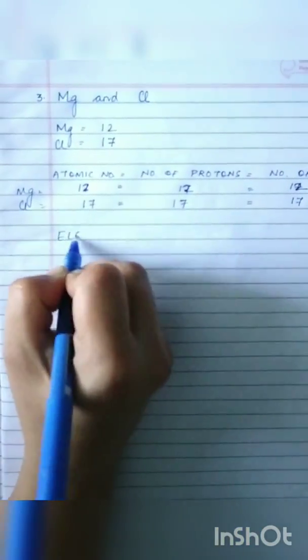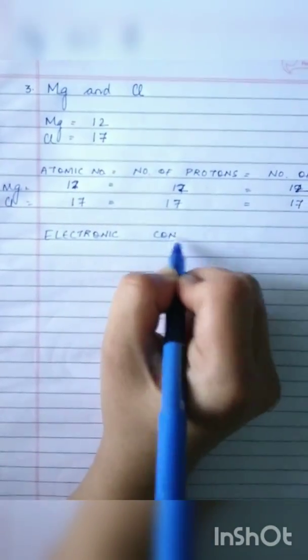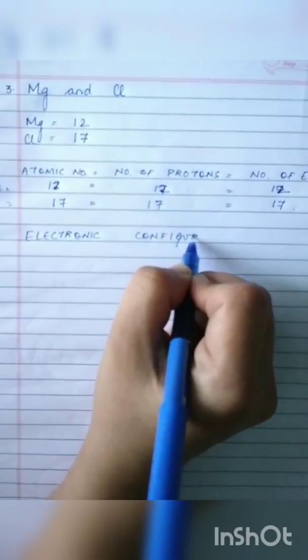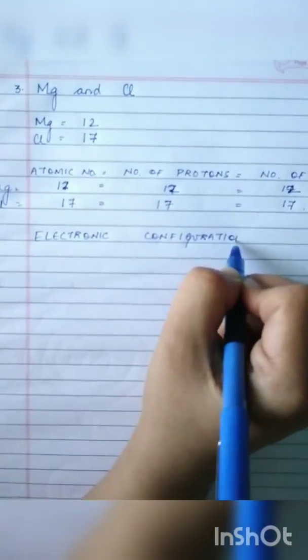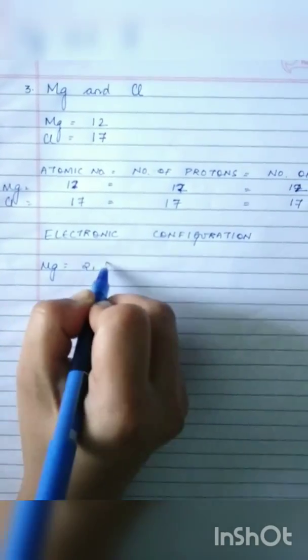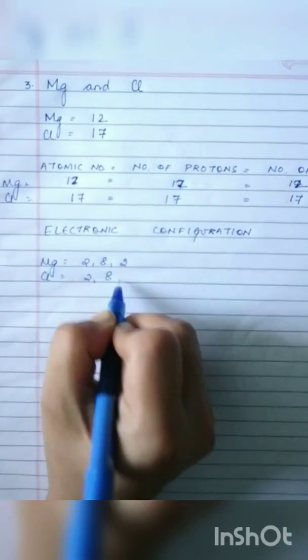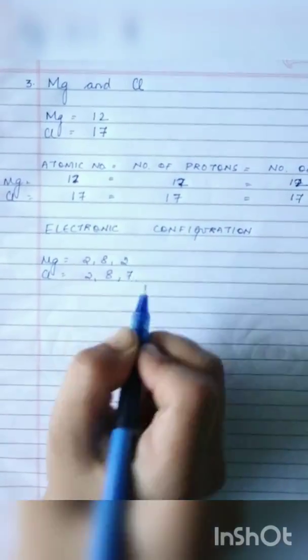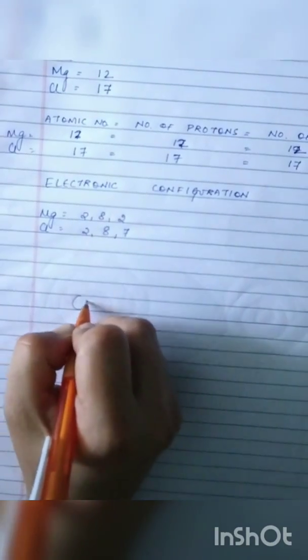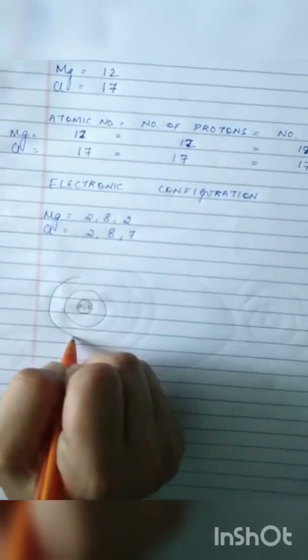Now the electronic configuration. Magnesium 2, 8, 2, chlorine 2, 8, 7. So this is a metal and this is a non-metal. Protons 12, so 3 orbits.